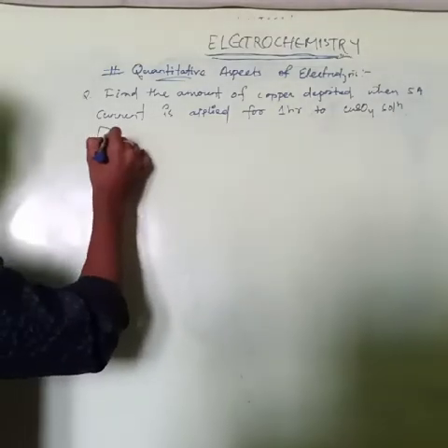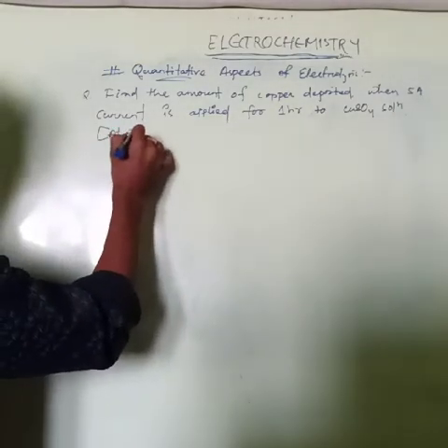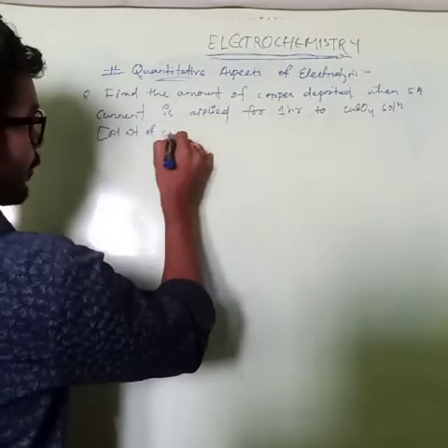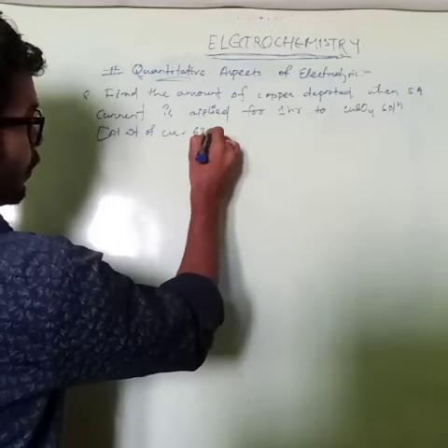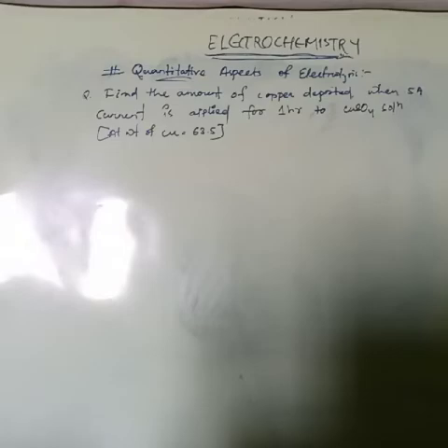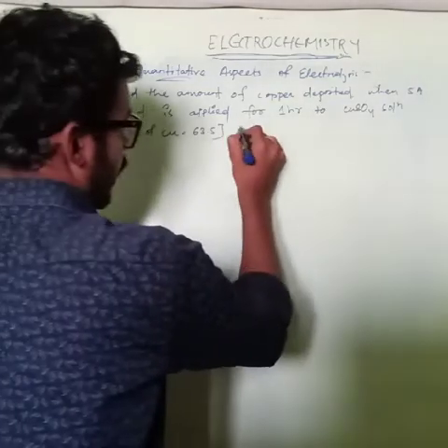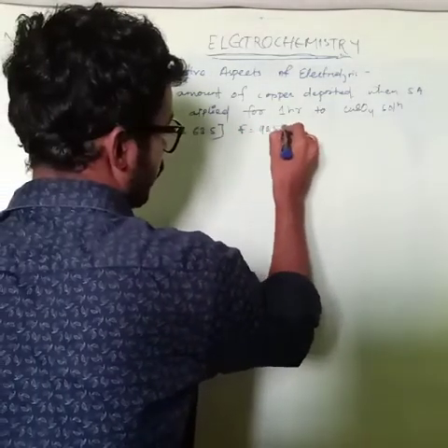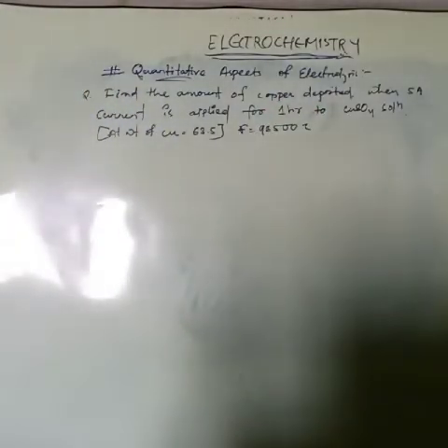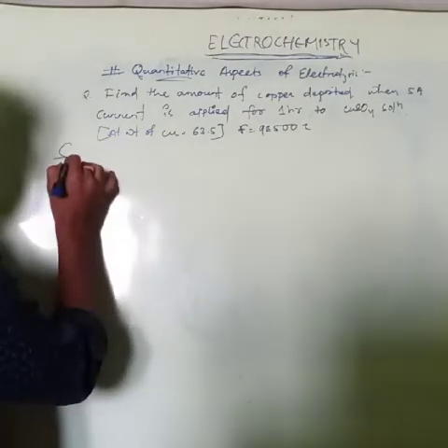Given the atomic weight of copper is 63.5, and we know that F is 96500 coulomb, which is again given. How will you solve this?